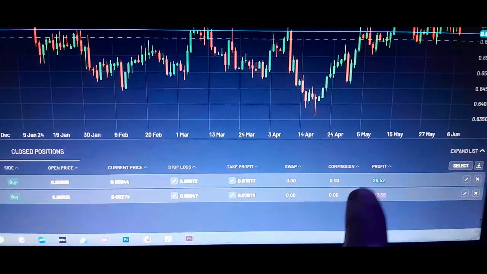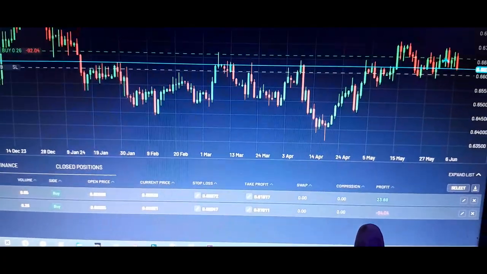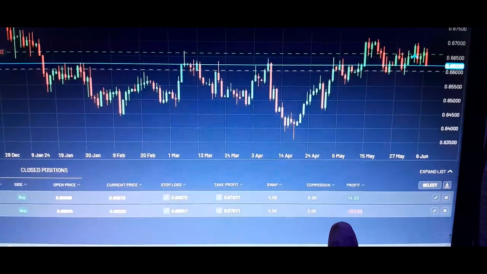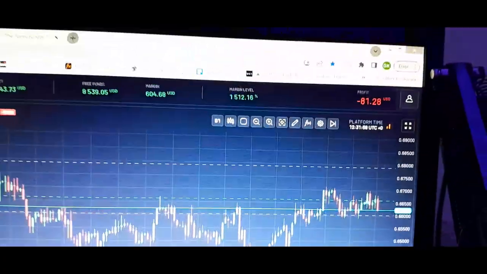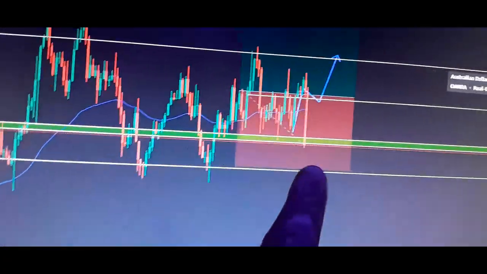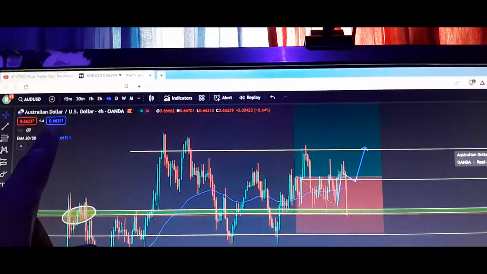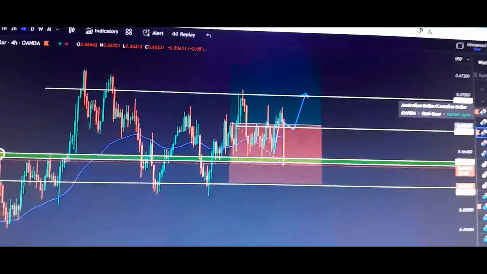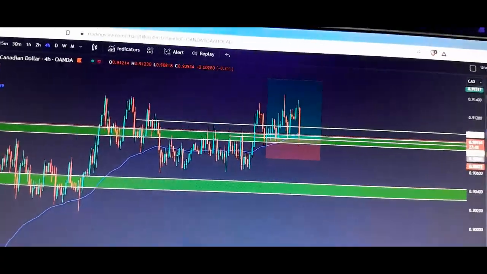Look here. This is Aussie CAD. I can see Aussie CAD $100 in drawdown. Oh wow, guys. Look at here. This is Aussie dollar. You can see here, guys, the stop loss is just under here. Oh wow. Look at this space.